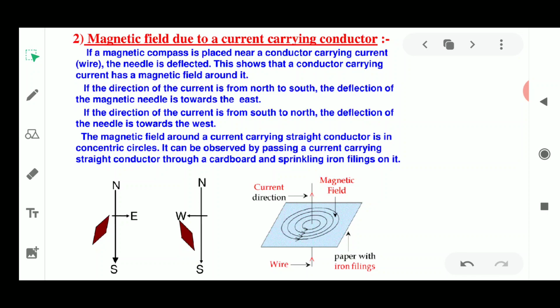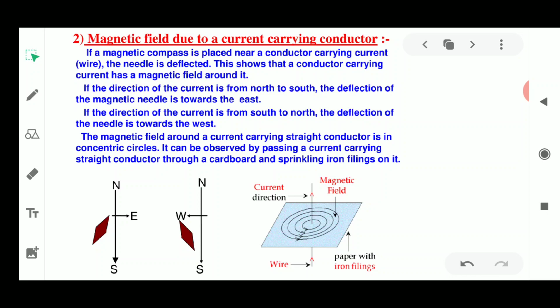The next thing we discussed was the magnetic field and magnetic field lines. So what is a magnetic field? The magnetic field is an area where you could experience the maximum extent of magnetism or the magnetic force, and it is represented by drawing imaginary lines on the sides of the magnet.